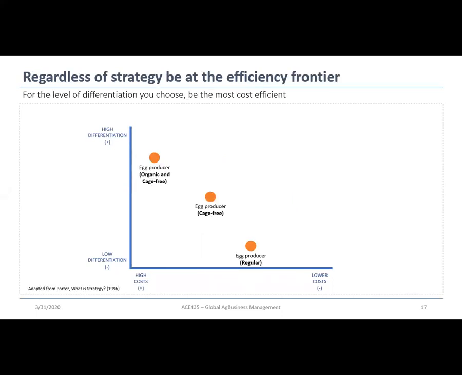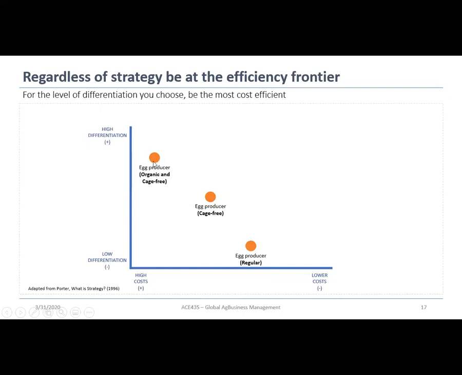So let's take here the example of the egg producer. You have here the regular egg producer, maybe a lower cost but non-differentiated. You have here the cage-free egg producer; maybe because he's cage-free, he doesn't have that economy of scale, so he has more cost to produce the same amount of eggs, but he's more differentiated. And finally, the organic and cage-free producer.